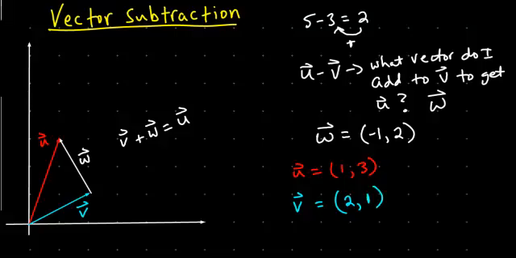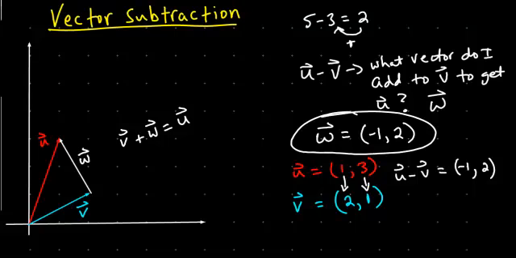So when we do u minus v, we simply do 1 minus 2, -1, and 3 minus 1 is 2. And it matches up with our, hopefully, intuitive geometric inspection that u minus v is going to be the vector -1 in the x direction and 2 in the y direction.